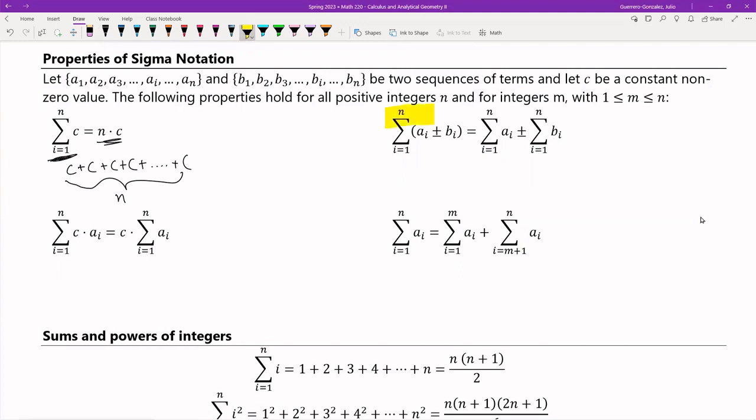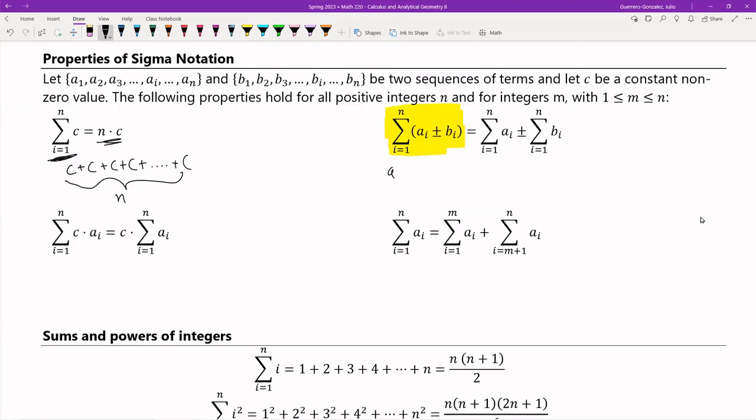Suppose we had two sequences of numbers, a sub i and b sub i, and both lists go up to a value n. We want to add them all up, either add or subtract. Then it is equivalent to just separating them and doing them separately, and then coming up with a conclusion that way. The way to prove that one is just like how we did over here.